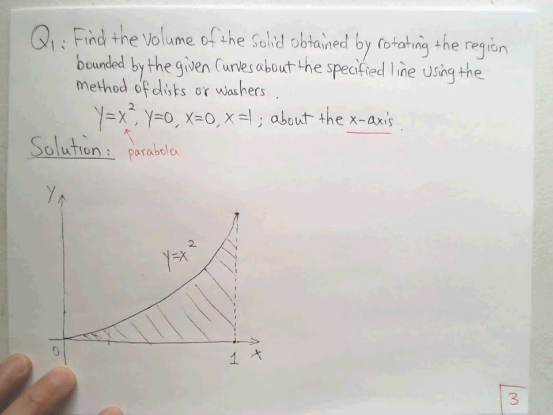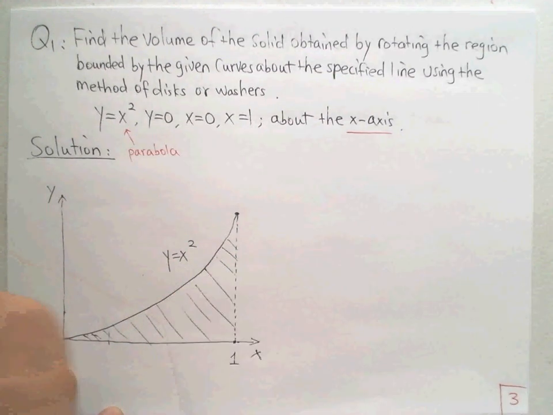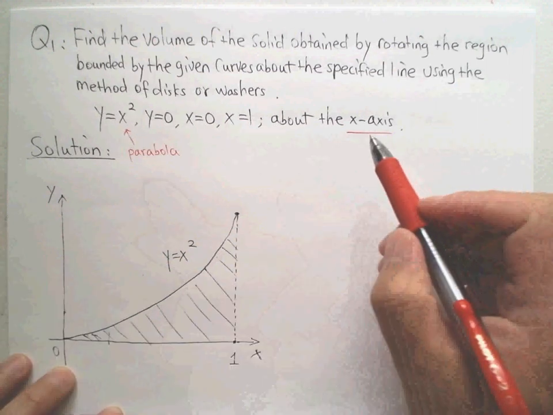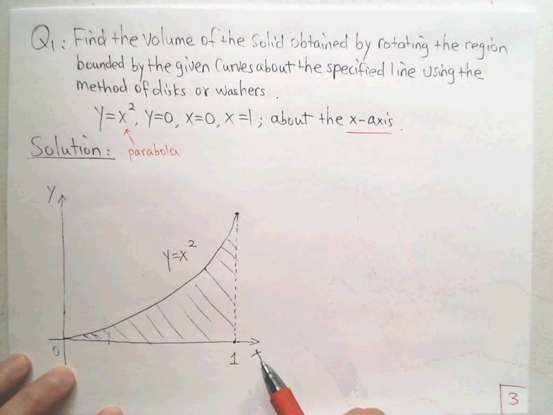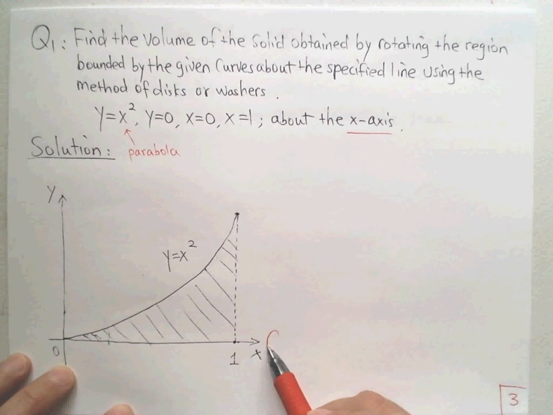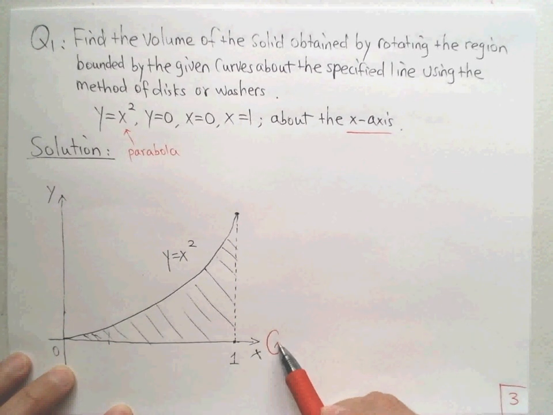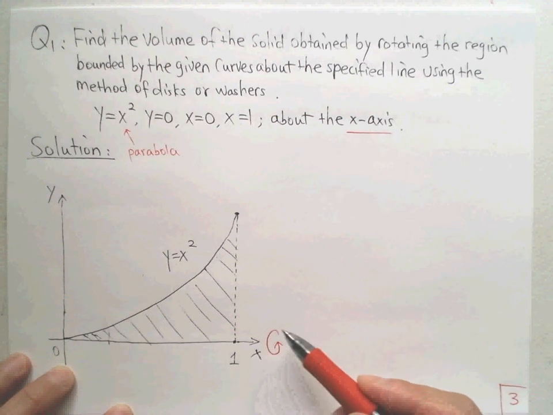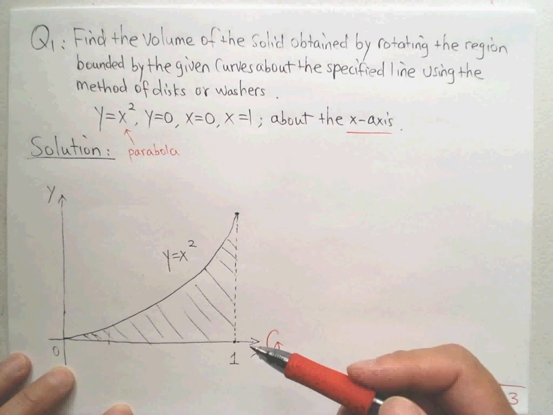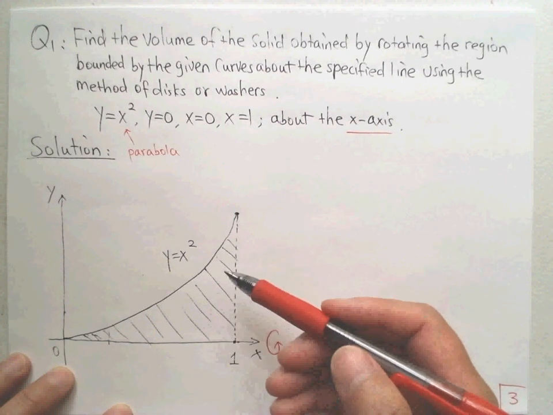Good. What do we need to do? This is the region, and we need to rotate it about the x-axis. If I draw like this, can you see? Imagine rotating this region along the x-axis. How do you think about the solid?